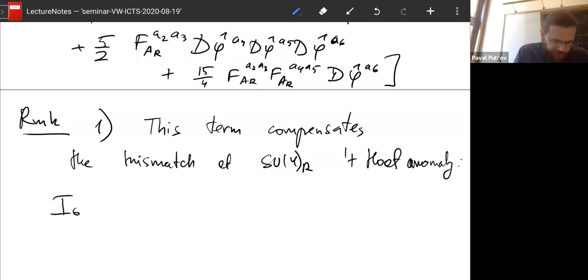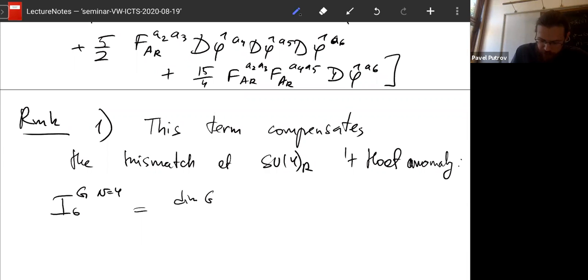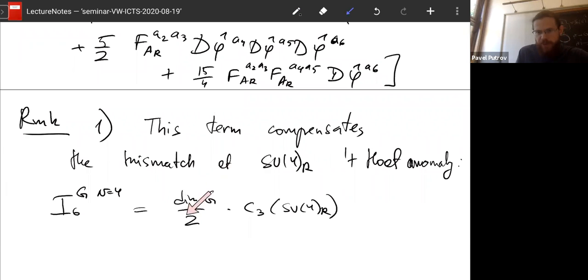Why is there a mismatch? Because for N=4 super Yang-Mills with general group G, the degree 6 anomaly polynomial will be of the form: dimension of group G divided by 2 times the characteristic class of SU(4)_R. And if you go from the dimension of SU(2), which is 3, to the dimension of U(1), which is 1, there will be a mismatch.